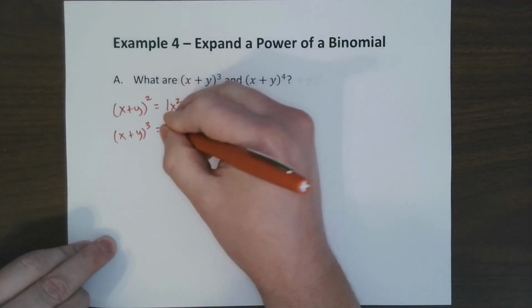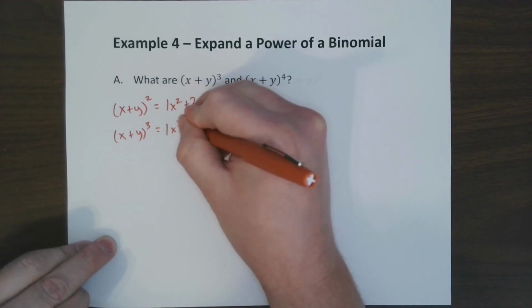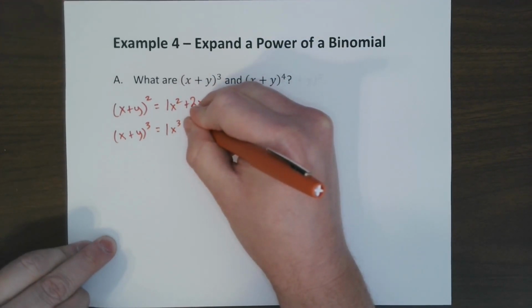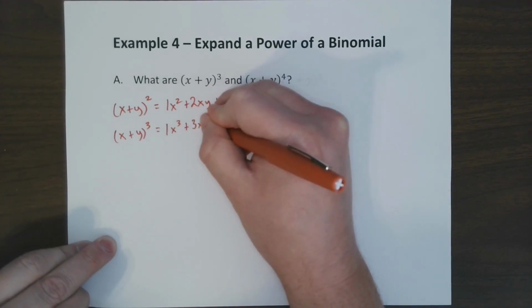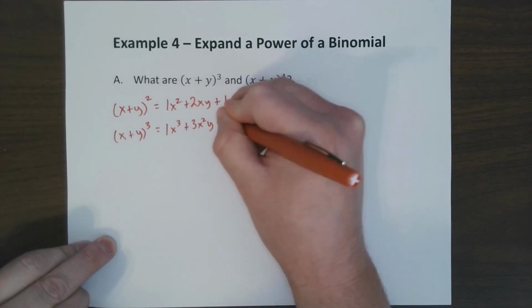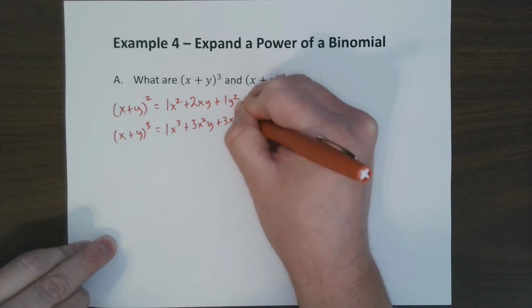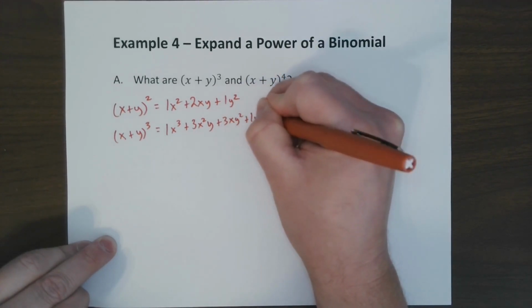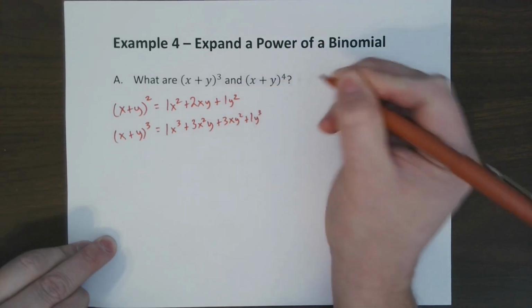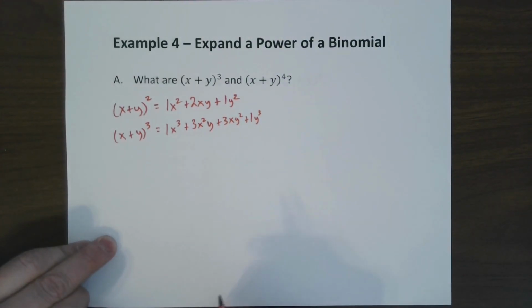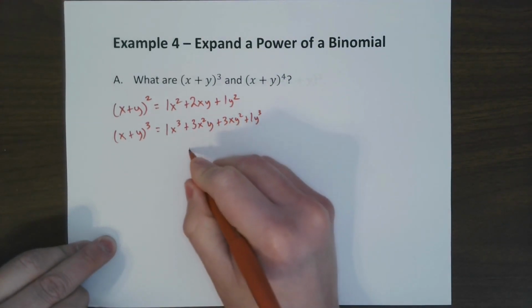But basically what you end up with is 1x cubed plus 3x squared y plus 3xy squared plus 1y cubed. And then it just keeps going from there over and over again.